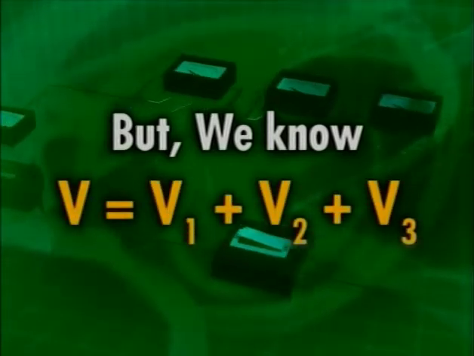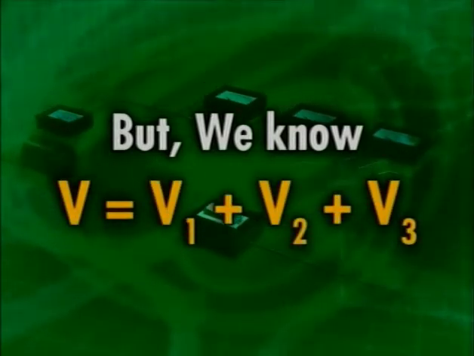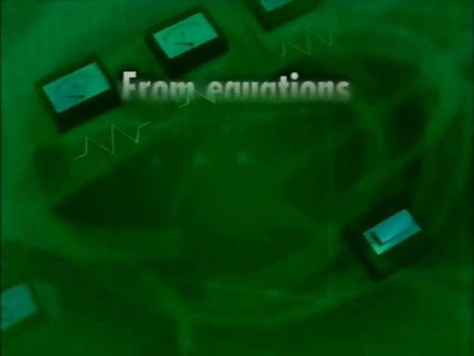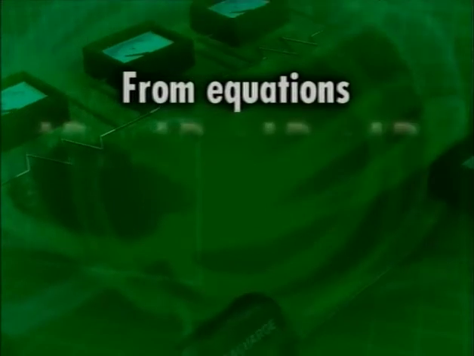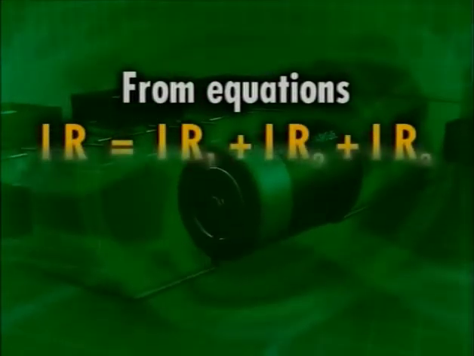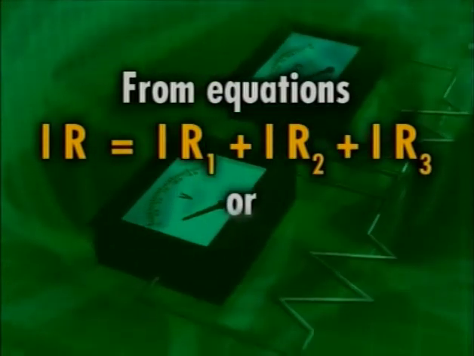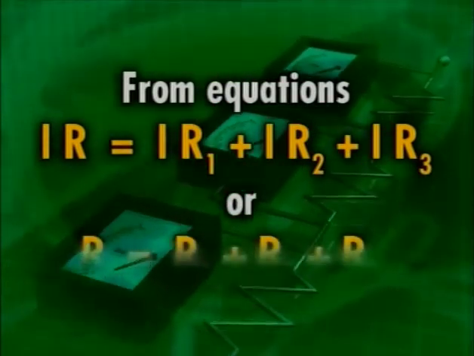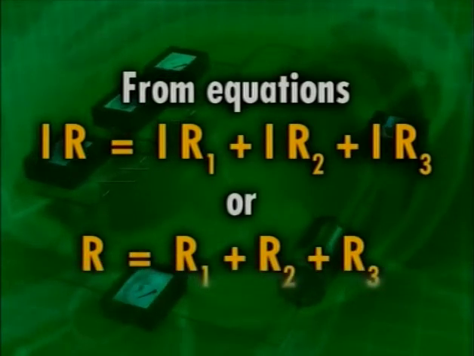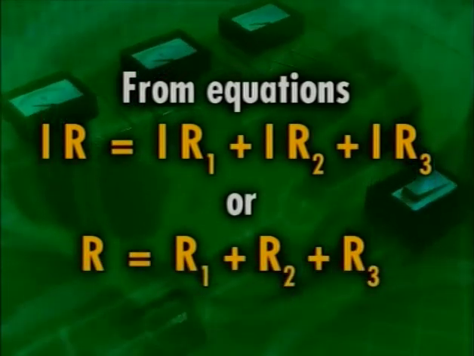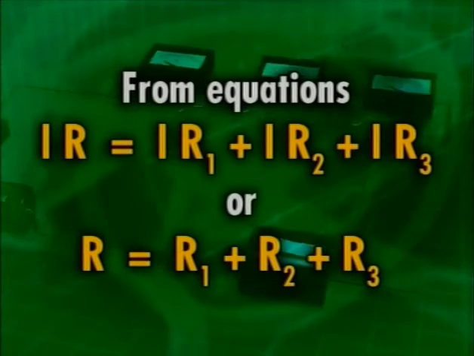But we know V is equal to V1 plus V2 plus V3. From equations, IR is equal to IR1 plus IR2 plus IR3, or R is equal to R1 plus R2 plus R3.